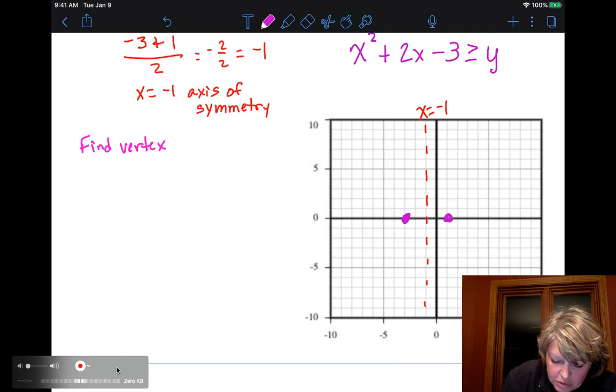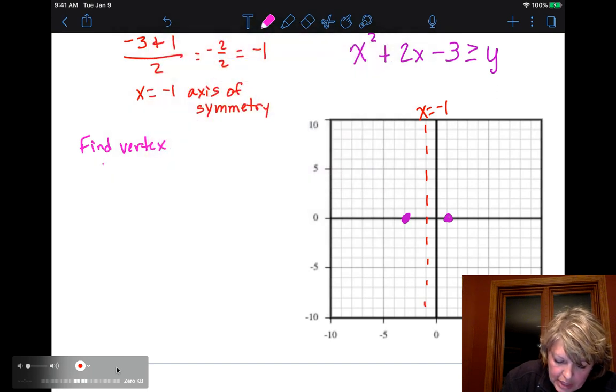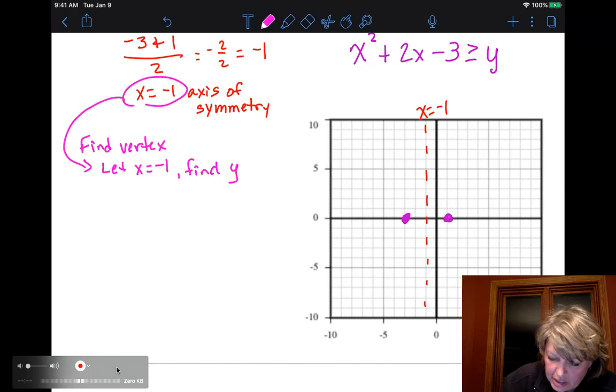So to find that vertex, in this case, we're going to let x equal negative 1 from right here, and find the y that goes with it. That's going to help us find that point. Where on that line does our vertex fall?